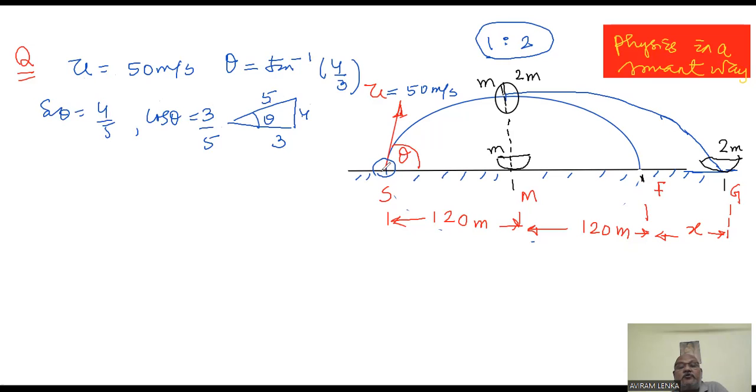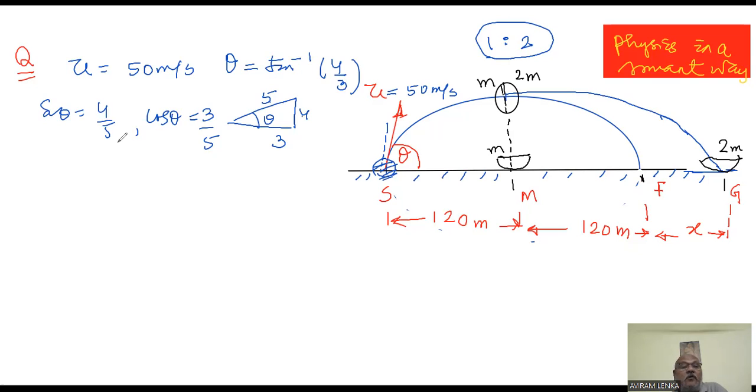And when the stone is thrown with such a velocity, very easily we can use our formulas of the projectile motion and find out its time of flight and its range, or else we may use our common sense.